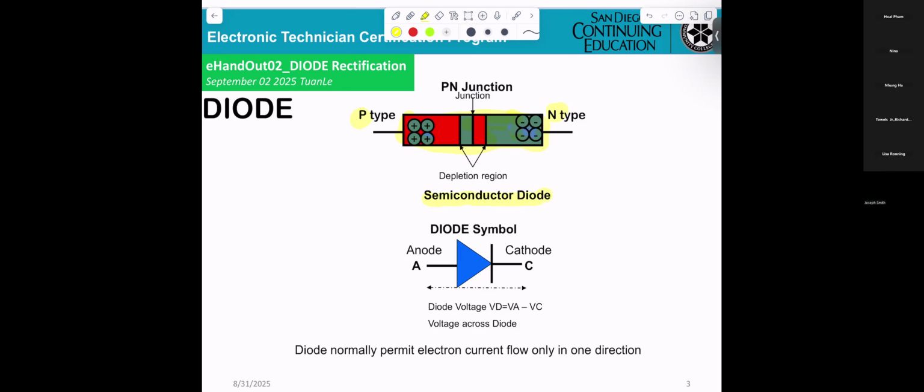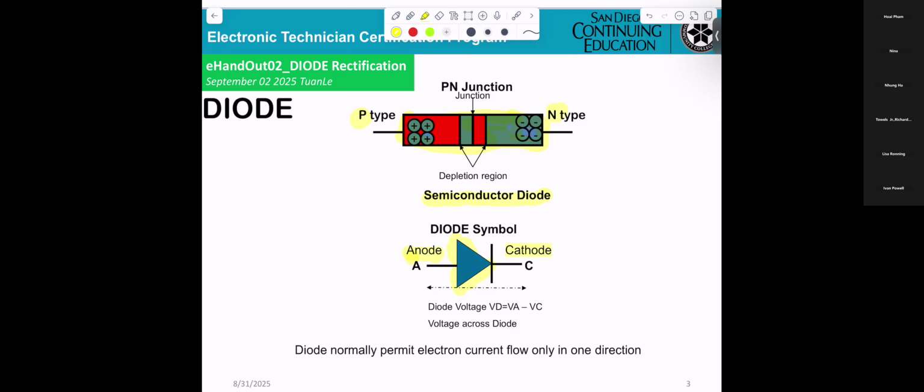And this is the simple symbol for the diode. One side, the P side, is the anode, and the other side is the cathode.